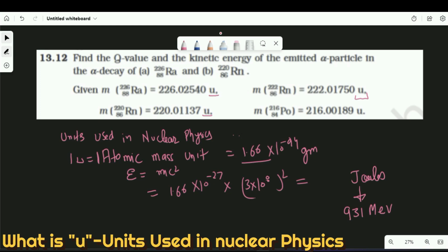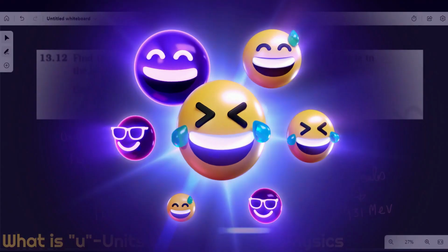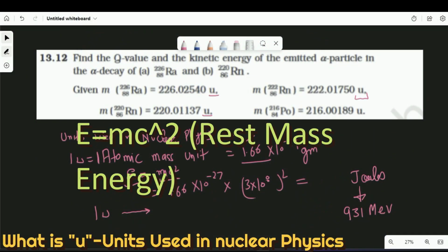What you learned is that if you have one u as your mass, and you convert it to its equivalent energy, the rest mass energy, using Einstein's mass-energy equivalence formula, one atomic mass unit becomes 931 million electron volts.